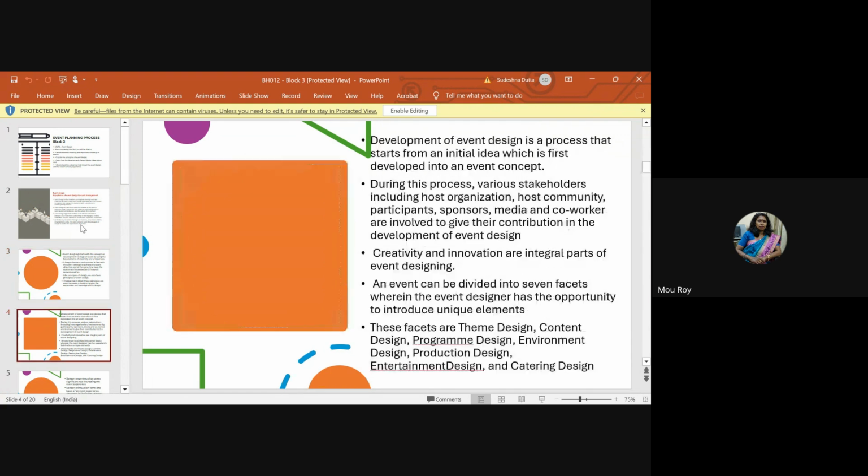Now, the development of event design is basically a process that starts from an initial idea, which is first developed into an event concept.